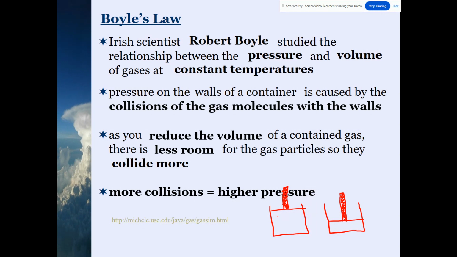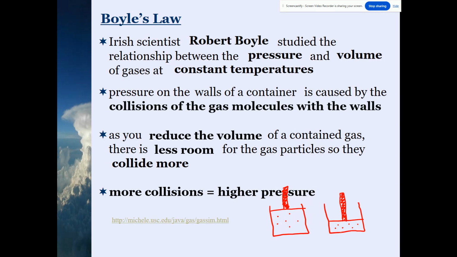Let's say I have 6 particles of gas: 1, 2, 3, 4, 5, 6. So the amount of gas is these 6 particles. Now when they're in this space, they're going to be moving around and colliding with the walls of the container a certain amount. But if I give less space, 1, 2, 3, 4, 5, 6, notice how they are all closer together.